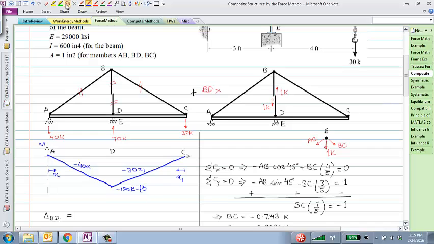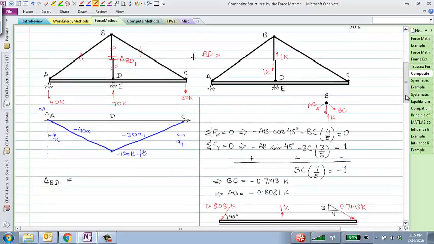So with that, I can try to find the displacement delta BD1, because under the action of the load, these two ends in general will separate, right?